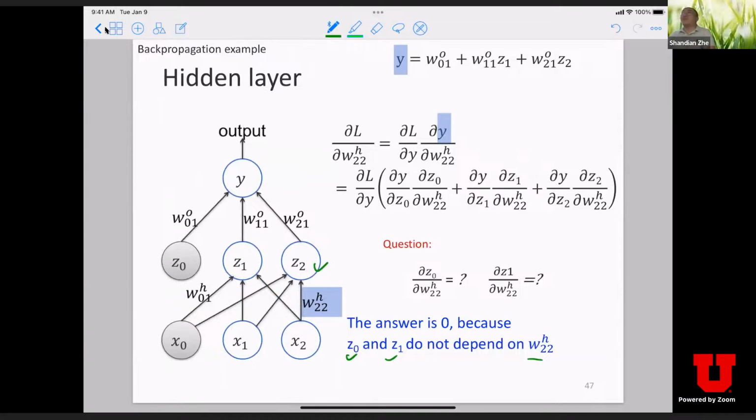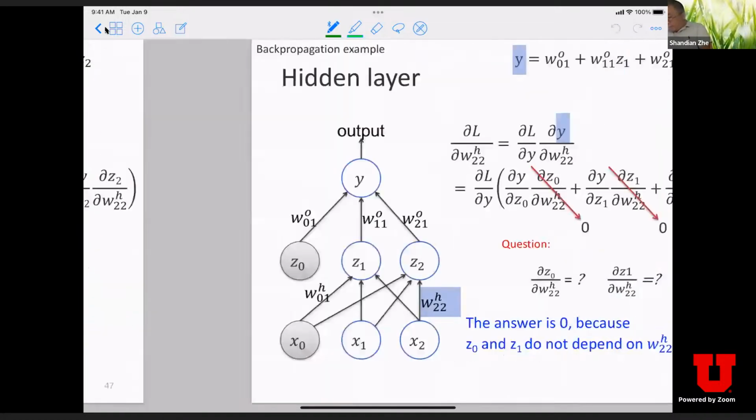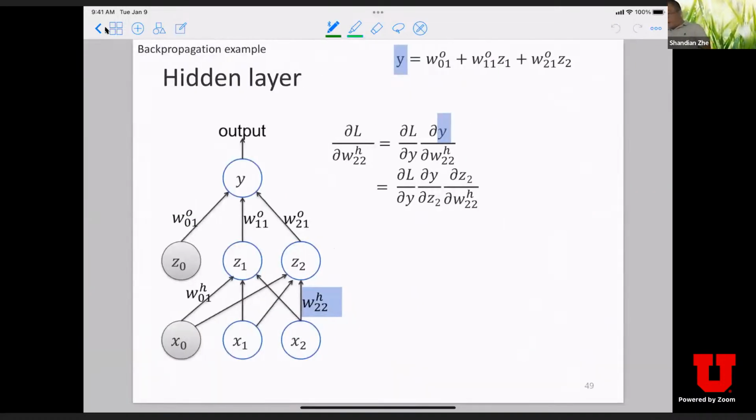So we got the results: partial L over partial W22H equals partial L over partial Y, then partial Y over partial Z2, and then partial Z2 over partial W22H. Does it make sense? Okay.